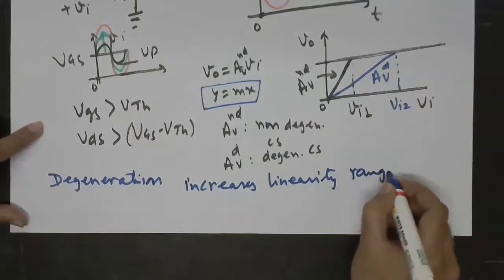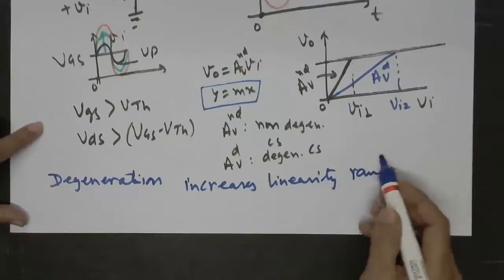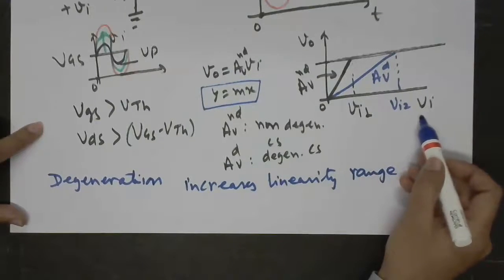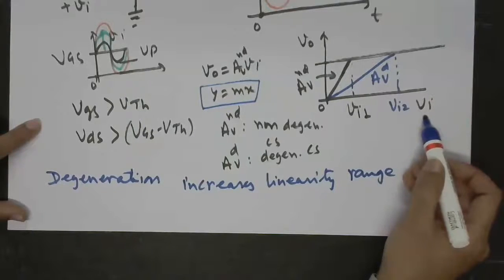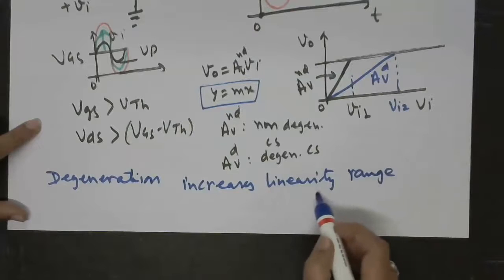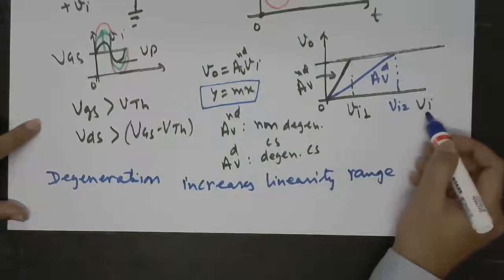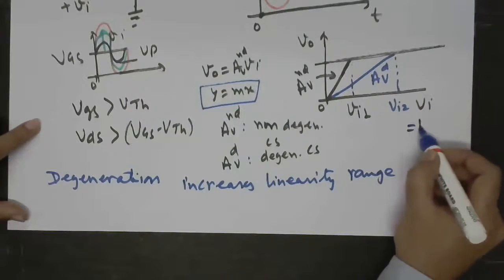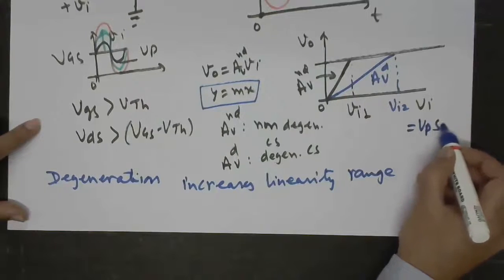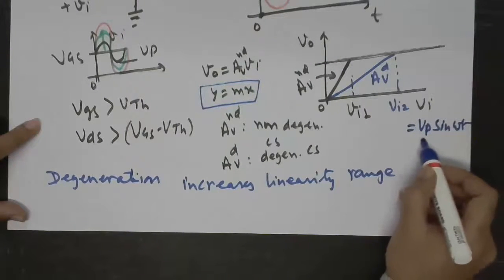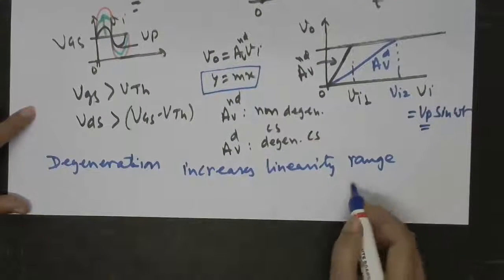linearity range, and keep in mind this linearity range is being talked about with respect to the amplitude of the input. In one of the previous classes, when I talked about linearity, I talked about linearity with respect to the frequency, because input will be say Vp sine omega t. So here now we are focusing on the amplitude behavior of the amplifier.